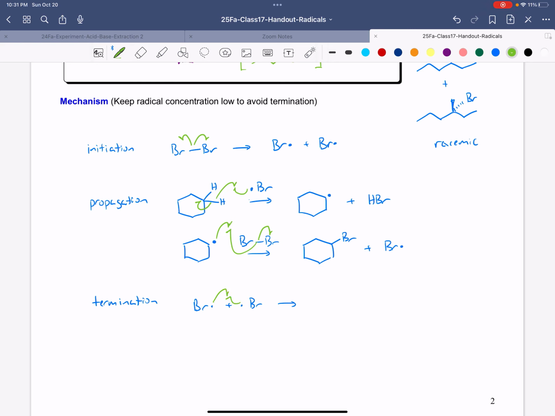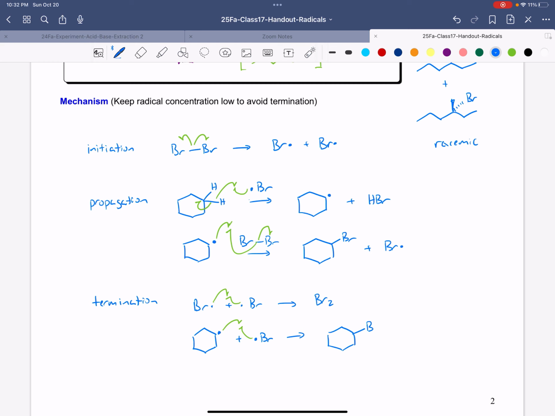So we can have the 2 bromines come together, from Br2. We could have the alkane radical, or the cycloalkane radical, plus the Br radical come together. And we make the product again. So there are 2 pathways to make the product.